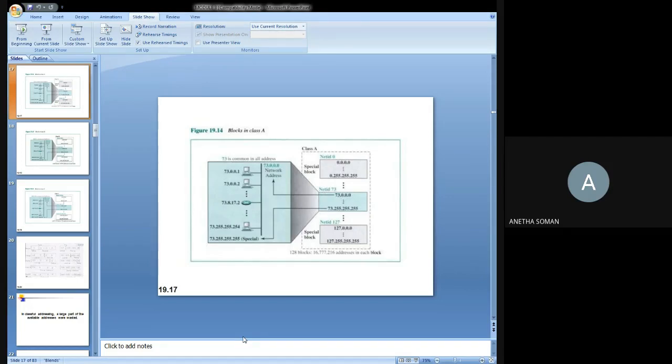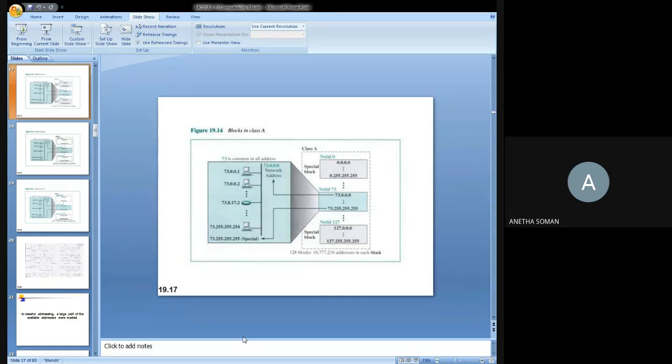You have to remember all these things. So the first address is nothing but the network address. What is the first address in that 73rd block? It is 73.0.0.0. That will be the network address. Excluding that, the remaining ones will be the host IDs. So 73.0.0.1 to 254, you will be getting.